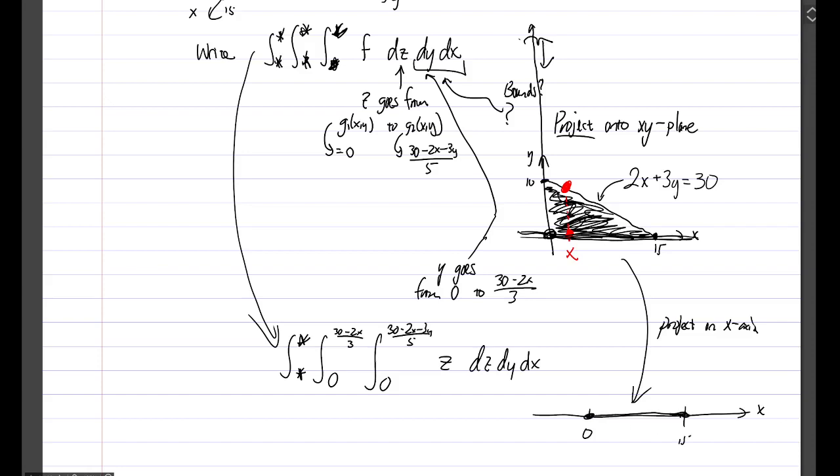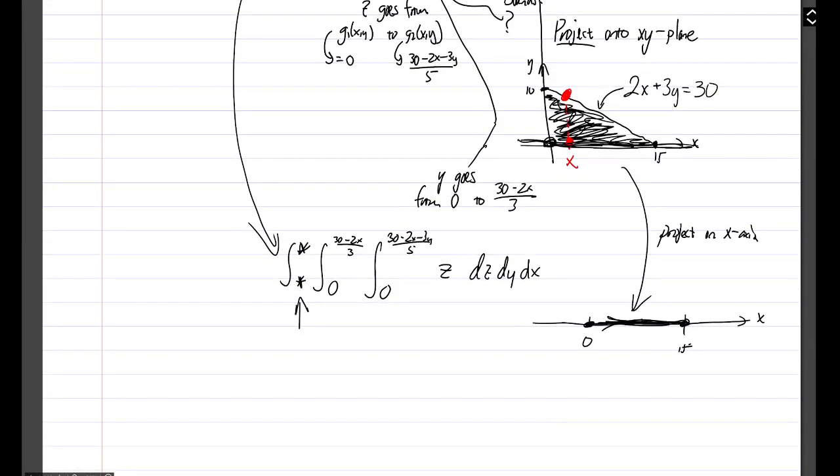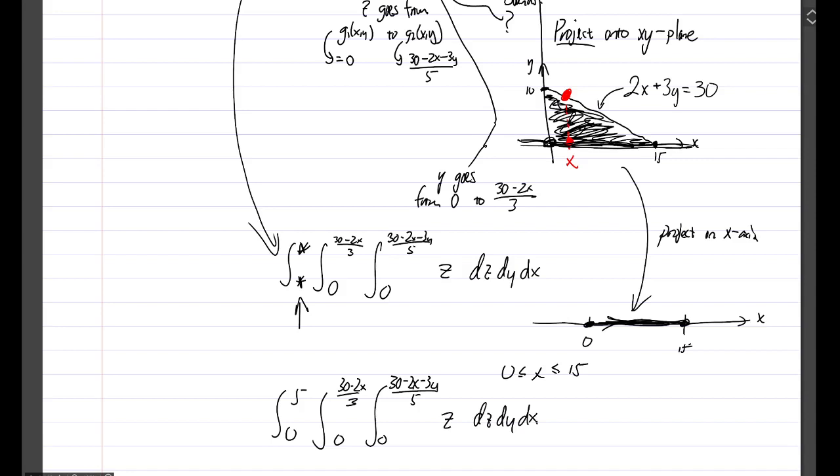So then x goes between 0 and 15, and so this integral is really 0 to 15, integral 0 to 30 minus 2x over 3, integral 0 to 30 minus 2x minus 3y over 5 of the function z, dz, dy, dx. I mean, the function was f, but its value was z.